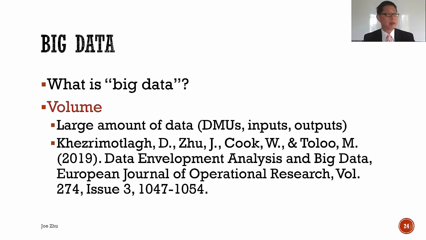If you use the traditional DEA methodology, right? It probably takes you a day, maybe two, to finish calculating just the efficiency scores for the DMUs, right? But what if you want a real-time update in a couple of hours? I mean, how do you do that? So I think this technique is very useful for the real-time updating of the results. So this is the volume.